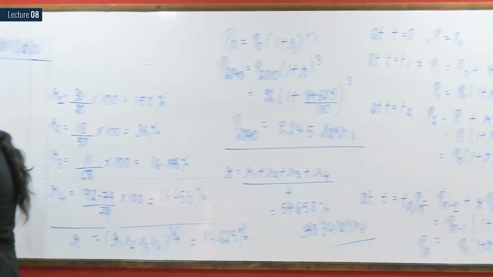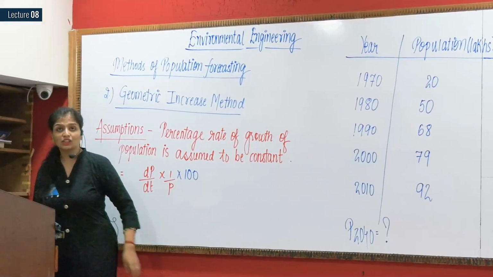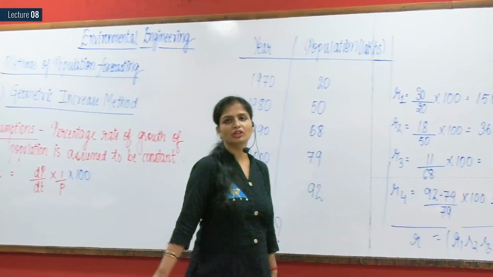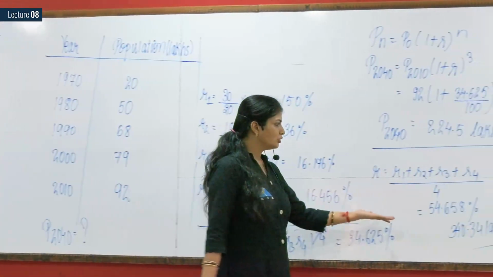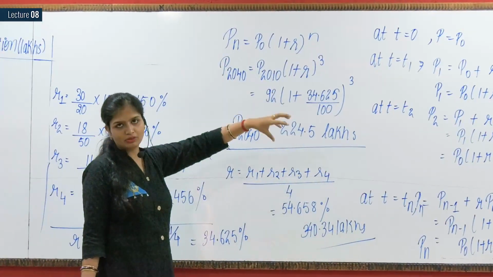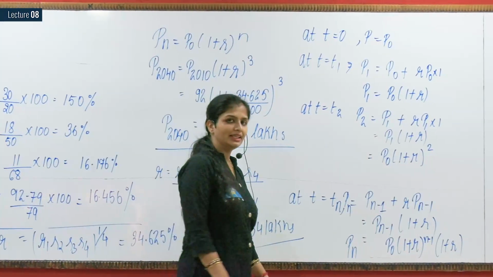What I told you is that generally we calculate R by the geometric mean method, but in the field they calculate it by the arithmetic mean method to be on the safer side. And you saw that if you calculate R by the arithmetic mean method, you get a greater value of population than by the geometric increase method.